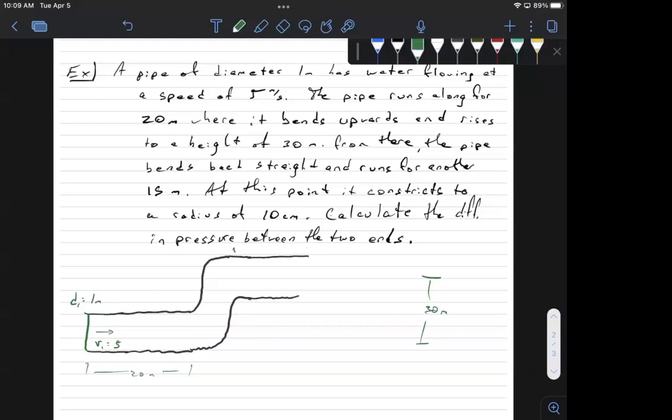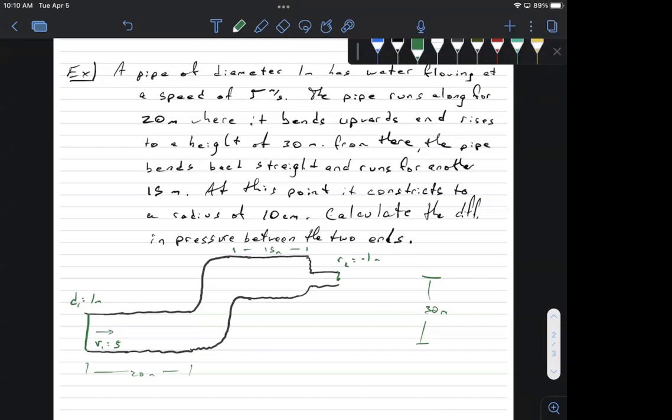So from here to here is 15 meters. At this point, it constricts to a new radius, so it gets smaller. We're told the radius here, R2, is 10 centimeters. Well, we know centimeters is bad, so let's convert now. That's 0.1 meters. And I want to know the difference in pressure between the original point and the end point.